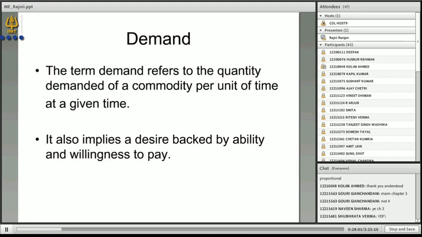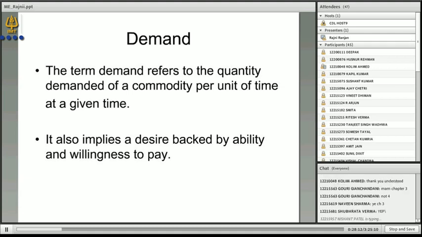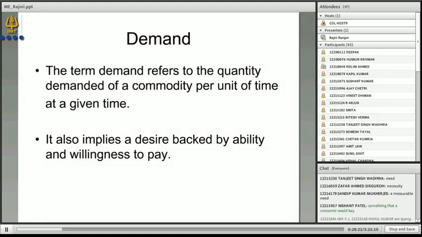First question that comes to my mind is, as a consumer, what do you think is the common meaning of demand? As a consumer, what do you think is a demand for you? For what products do you have a demand? Okay, Tanjeet, it is the need, it is the necessity. Okay, a measurable need, a good answer.